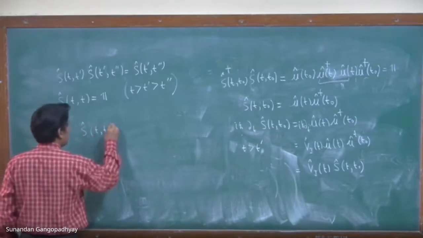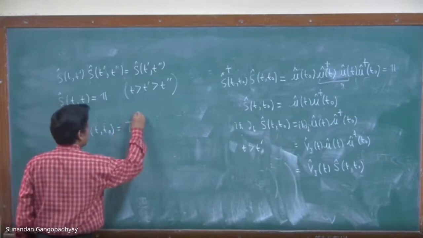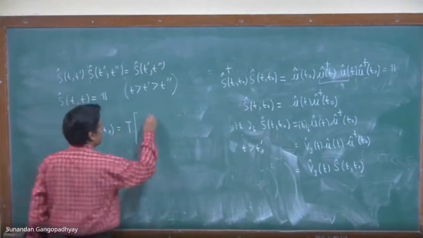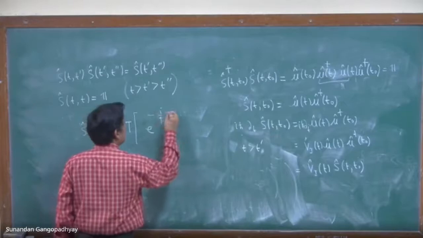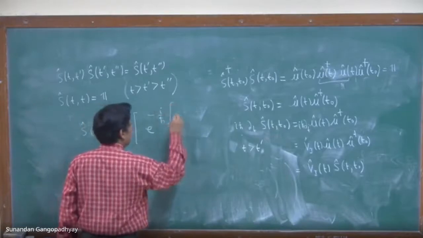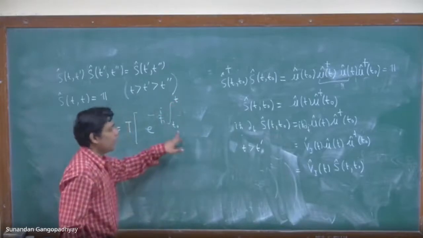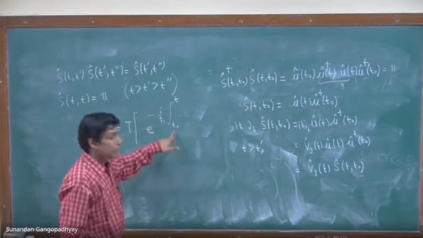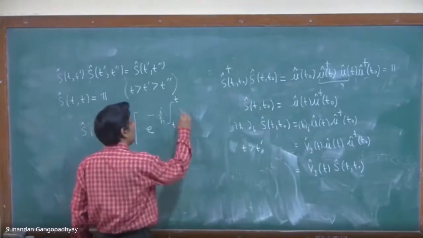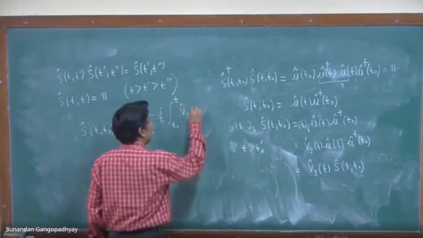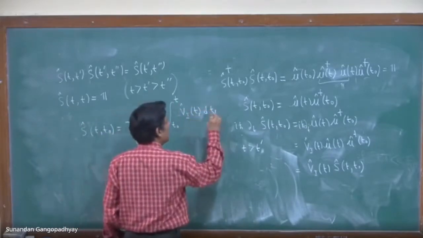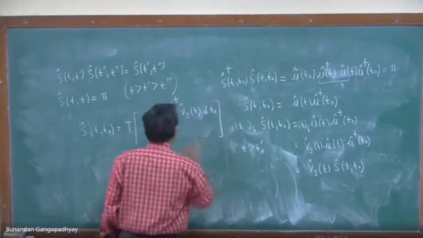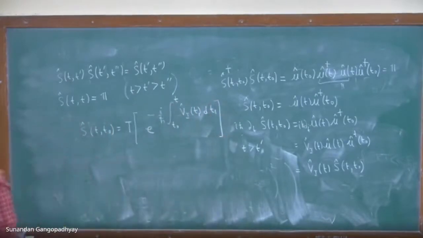It will be the time ordered product of e to the power minus i by h bar, integral from T naught to T. Initially, remember that in U hat T it was from 0 to T, but now it is from T naught to T, of V hat I T1. This is the formal solution of the operator S hat T comma T naught.